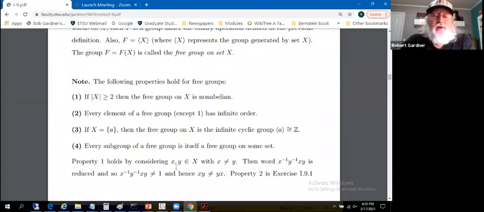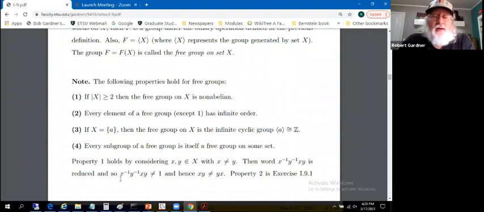Property 1 holds. Suppose we take x and y as symbols that are different. There are at least 2 things in X, so take 2 different symbols. The word x inverse, y inverse, x y is reduced. Well, if it's reduced, then it doesn't equal 1. If it doesn't equal 1, then xy doesn't equal yx, right?